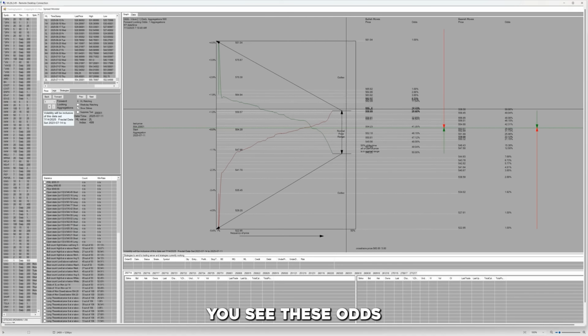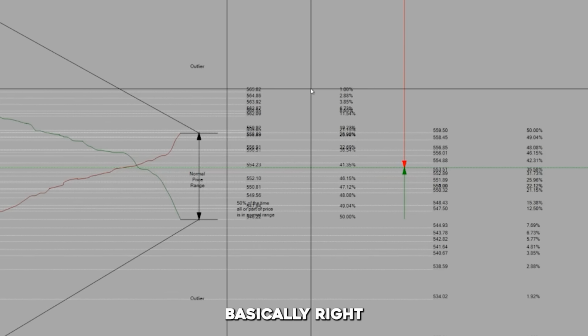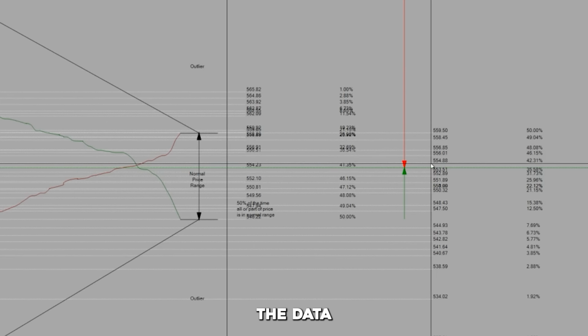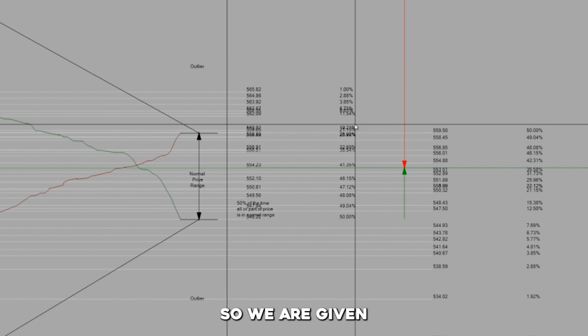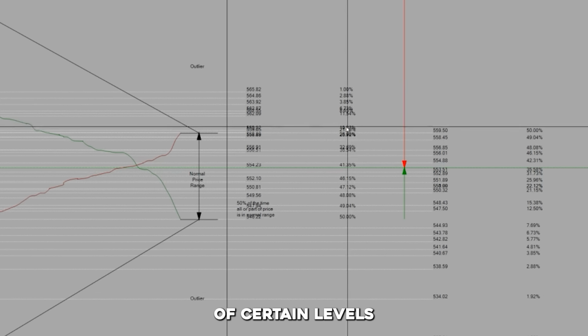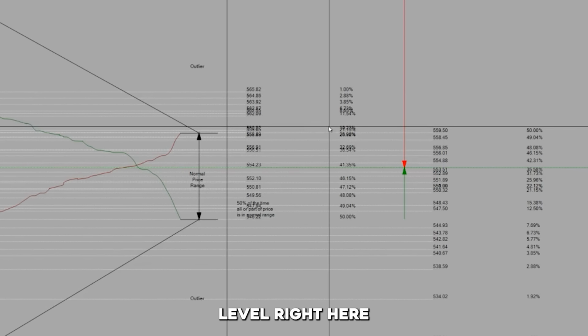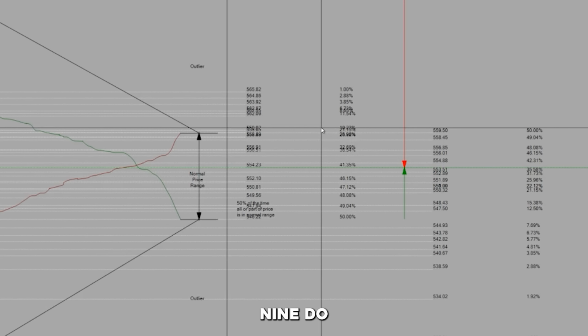Next up, you see these odds right here. Basically, the reason it's named the odds graph is because of these two odds, and we have two data sets: the data sets for the short side and for the long side. So we are given the odds for the break of certain levels, like this level right here, 59.92. To break that, we have a 10% chance, right?